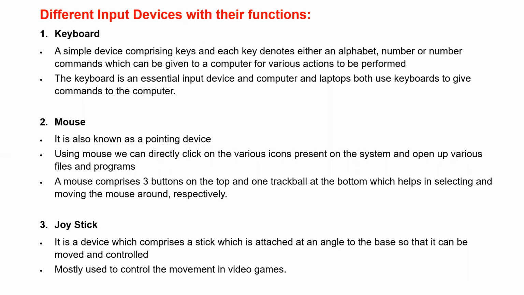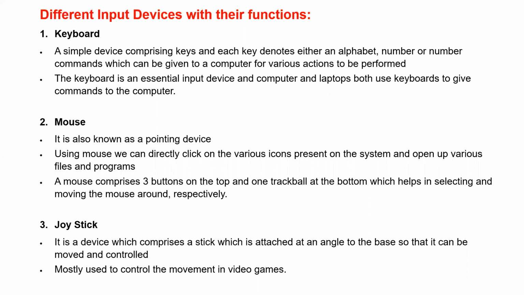Here are some different input devices with their functions. Let us see the keyboard. It is a simple device comprising keys, and the keys perform different operations. The keyboard is an essential input device, and the computer and the laptop both use the keyboard to give commands to the computer for their operations. The second input device is a mouse.